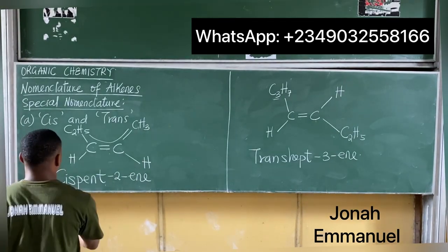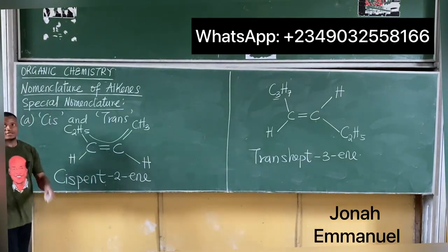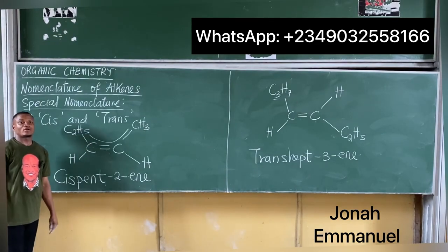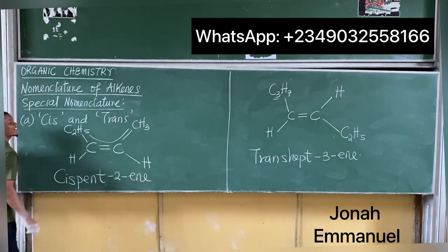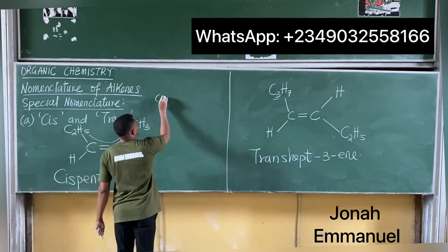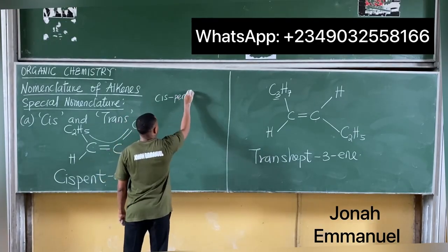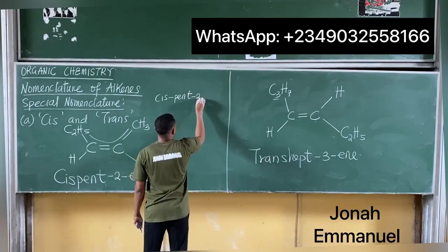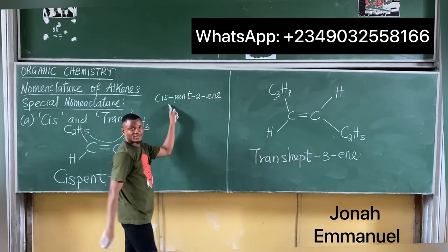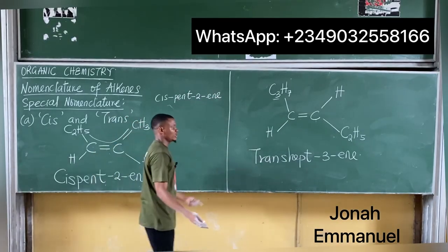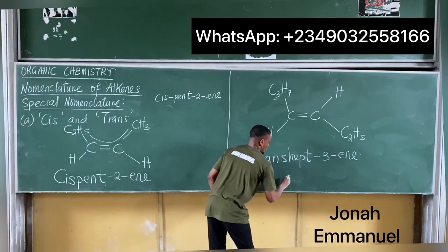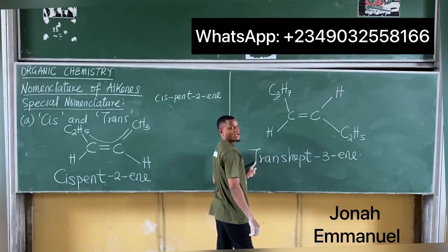Okay, listen up, please. He's saying that in your text, the name comes with a hyphen, something like cis-pent-2-ene, and trans-hept-3-ene. There's no problem. You can feel free to use that one.